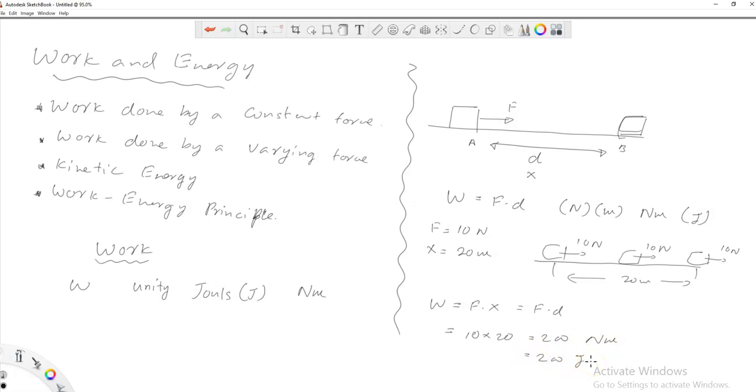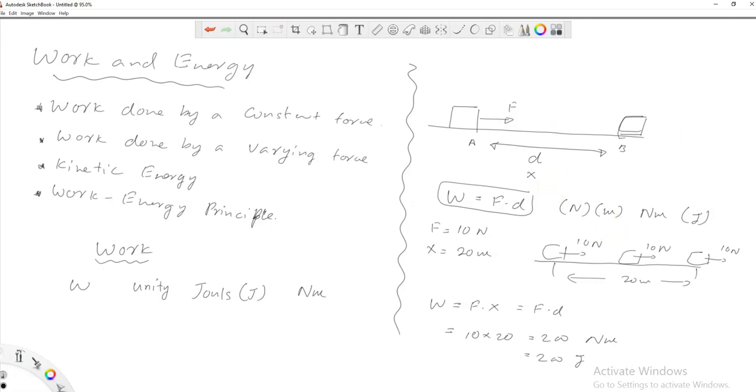Either unit is fine. Okay, so that's in very simple terms, this is how you find work. Okay, so the equation I showed you here is not the complete final form, right? There's a little modification to this. So let's look into that.